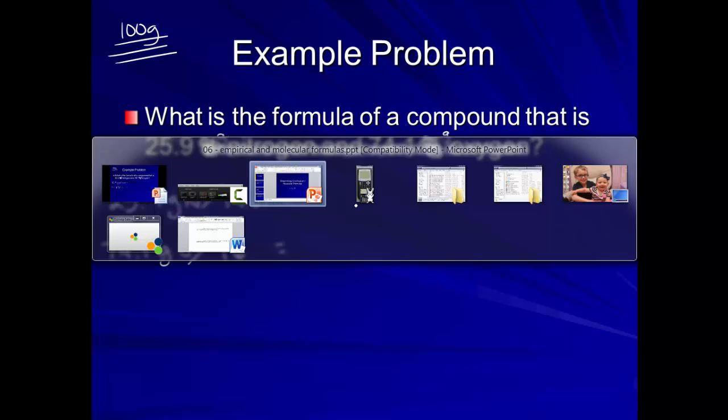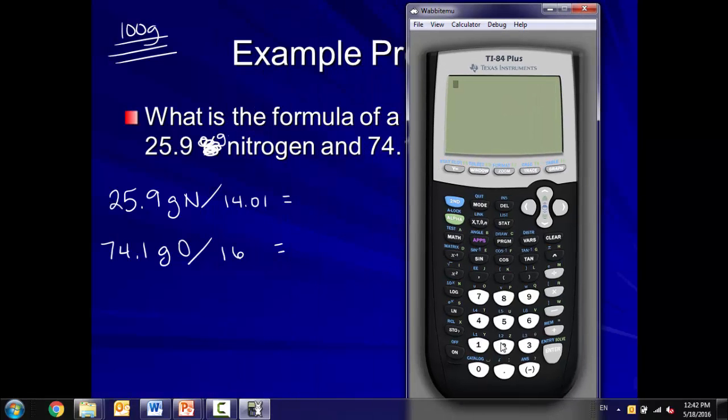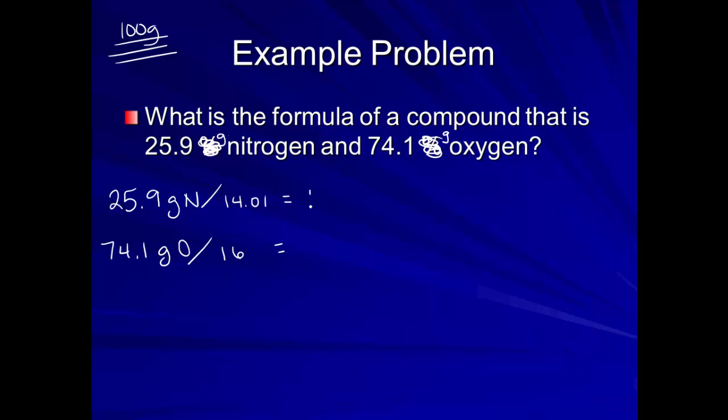So I'm going to switch to my calculator. For nitrogen, it's 25.9 divided by 14.01. So we have 1.849. Keep a bunch of sig figs on these problems until you get to the very end. So that's moles of nitrogen.